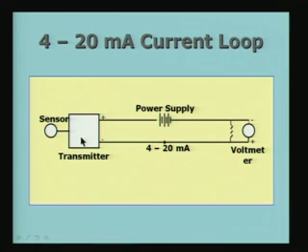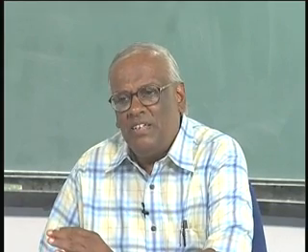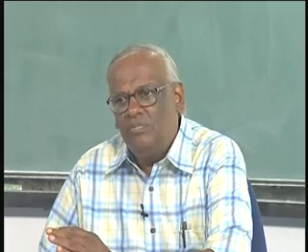So, you have a transmitter. The transmitter takes the sensor output and modifies it to a current proportional to the sensor output. Whatever the sensor may be, if it is a pressure measuring device, the pressure signal is converted to a current.